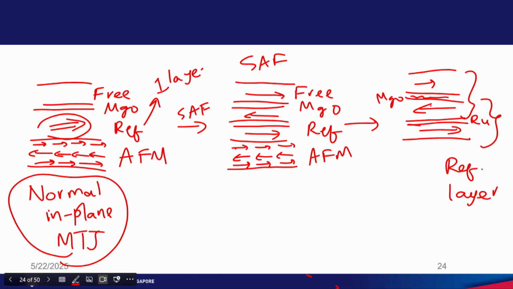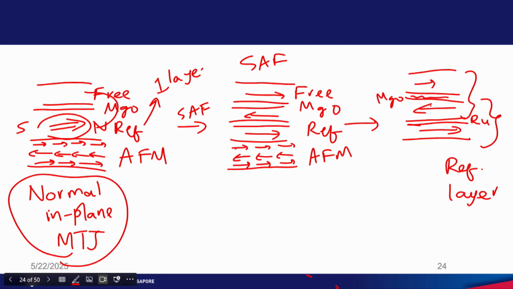Why do we need to close the stray fields? That's a very unique case. Why do we need to close the stray field? It is because otherwise, you know that this is like the north pole of a magnet, south pole of a magnet, right? This field is coming and influencing the free layer magnetization.